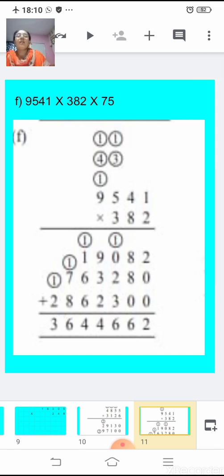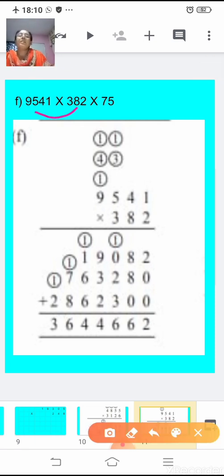So what we have done here is we have first multiplied the first two numbers, that is 9541 multiplied by 382. So by 2 if you multiply you will get this answer. By the number 8 if you multiply you will get this answer. And from the number 3 if you multiply you will get this answer.